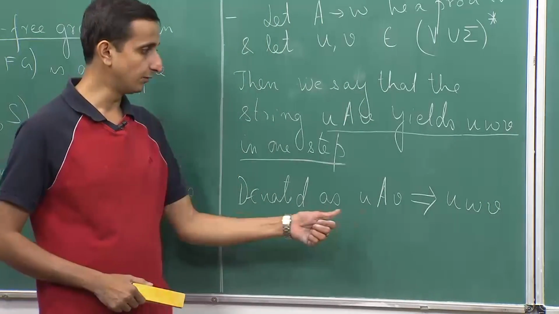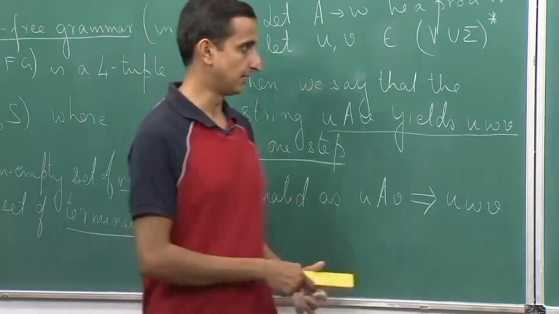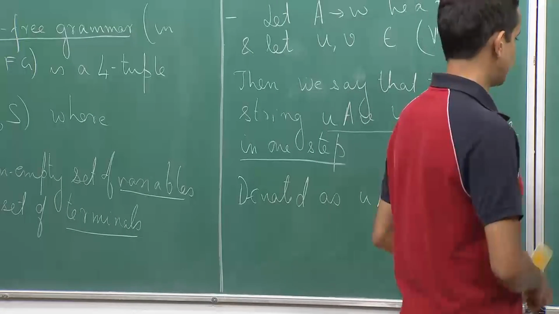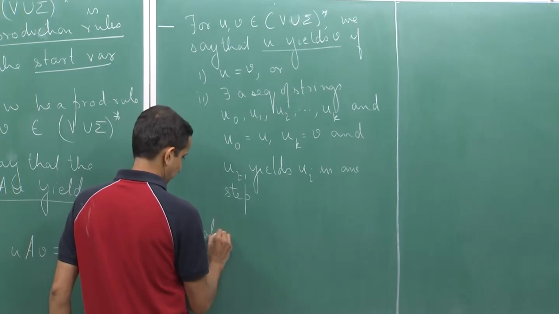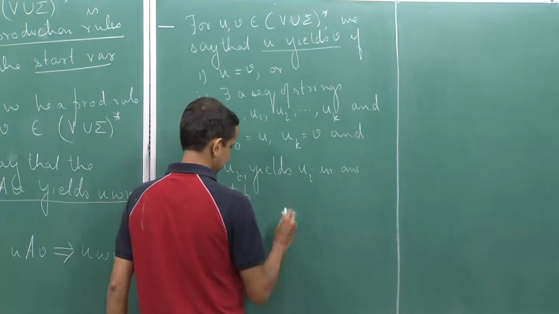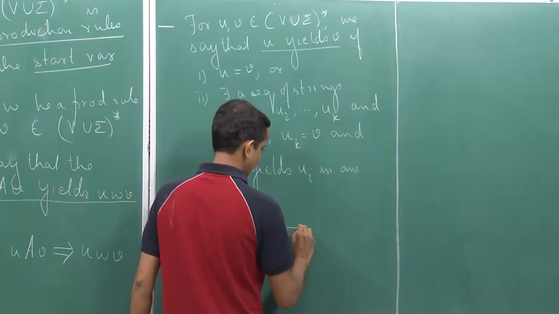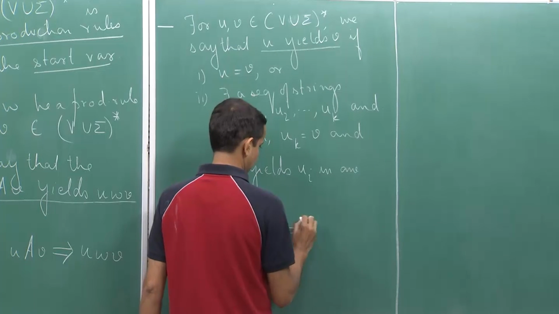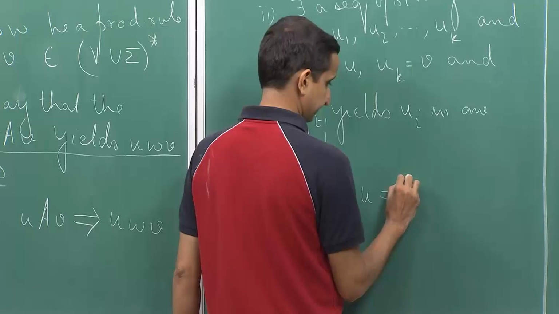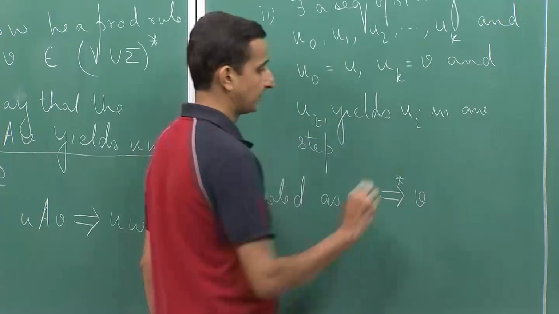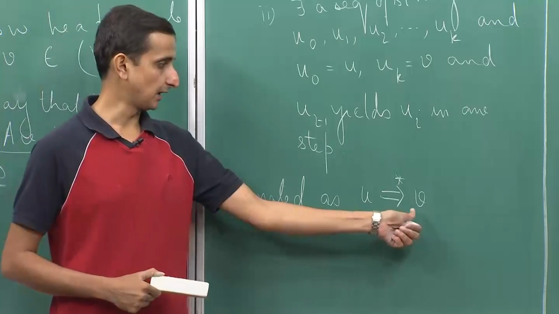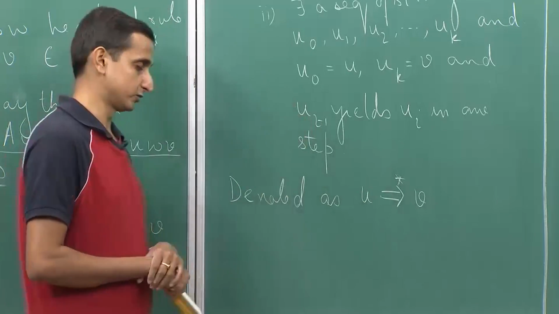When we have yield in one step, it is indicated with a double arrow, and when we have yield in multiple steps, this is denoted as U with a star on top going to V. This means that from U I can go to V in 0 or more steps.